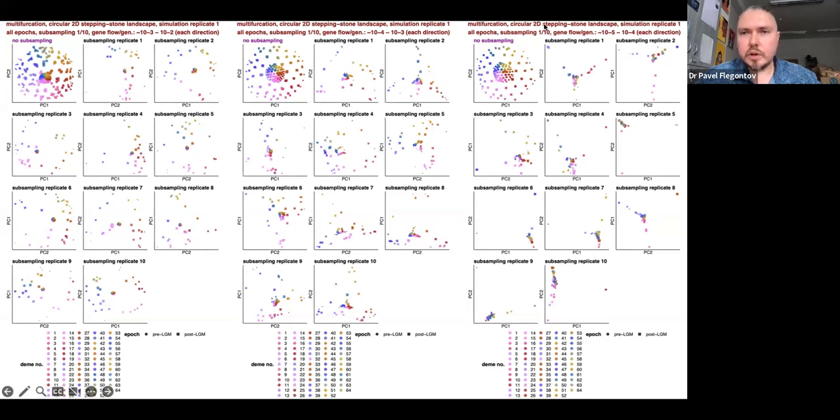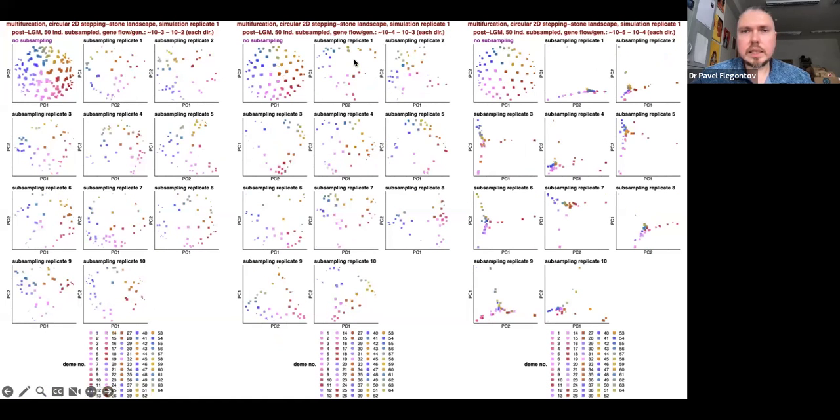But as we move on to sparser and sparser landscapes with lower and lower gene flow intensity, given the same landscape size in demes, we move more and more into this tree-like territory where PCA patterns look like rays embedded in triangles. And this is the type of pattern that we get from trees or graphs. And the same we illustrate here, but without this confounder of 2 epochs of sampling.